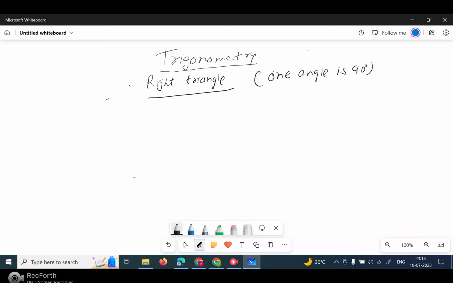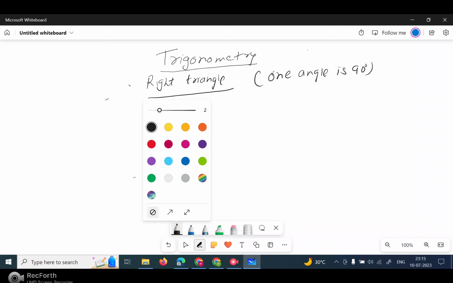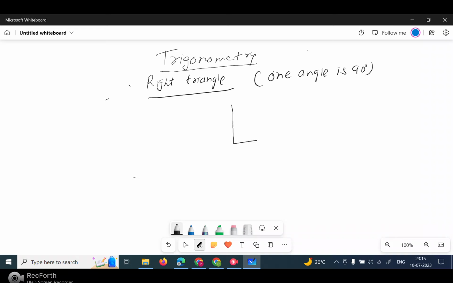I'll teach you now. Again I will draw a right triangle. Again I am making the same triangle.